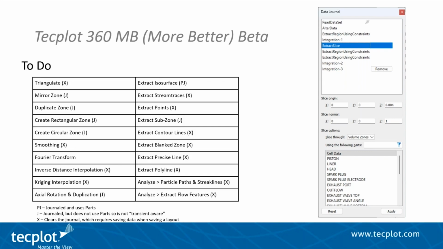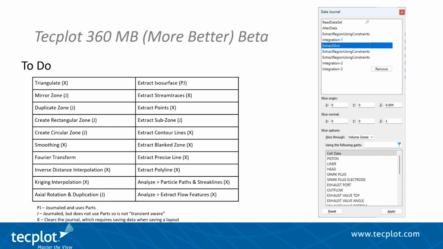Now, Tecplot 360 has a lot of actions that haven't been ported to this architecture yet. And those are seen here. So say triangulation, zone duplication. Extract isosurface is in progress. So that will be available in a future release of the beta. It's nearly done. We just need to get through some QA and testing phase.